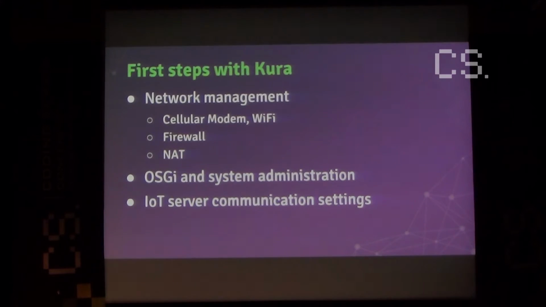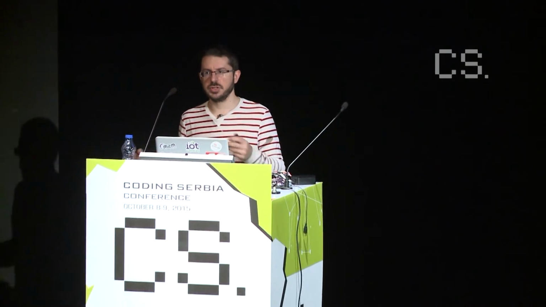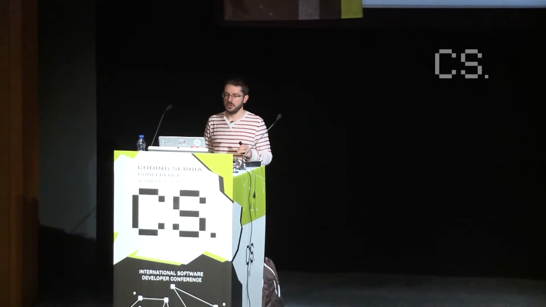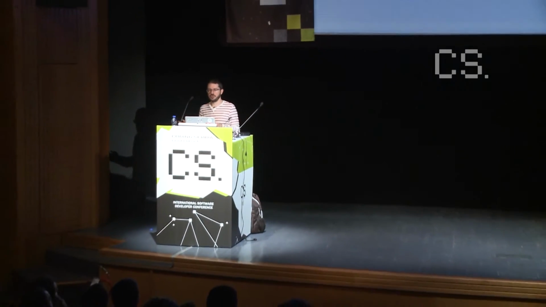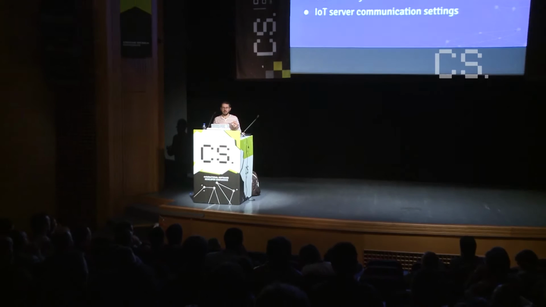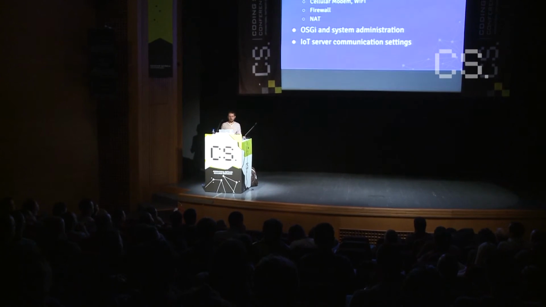What do you get when you install Kura? You essentially get a framework, a daemon, call it however you'd like, that helps you manage the network and provides you with a nice abstraction of your firewall rules, your PPP connection for your cellular modem, provides you with a nice application container for your OSGi/Java apps, and provides you with also the abstraction of the communication between the gateway and the cloud.